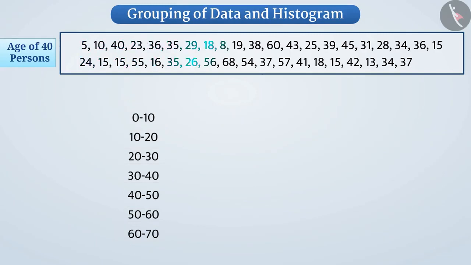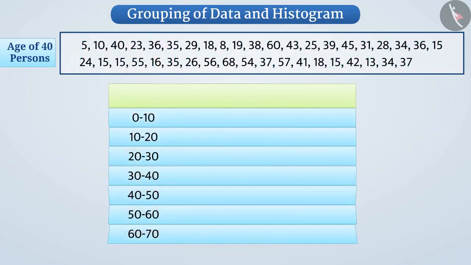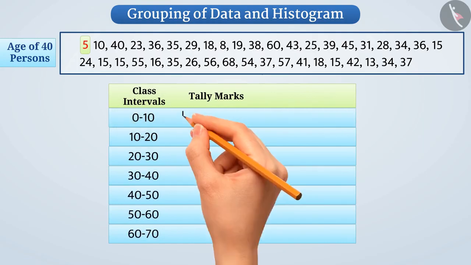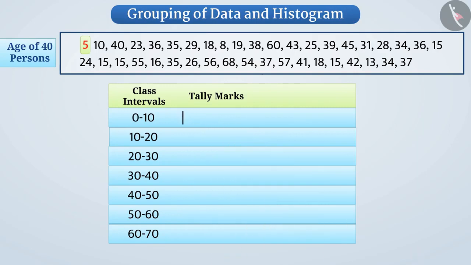Now we will represent the numbers in the table in the form of tally marks. Here the observation 5 is included in the class interval 0 to 10. So we will represent it in the table by making a tally mark in the row 0 to 10. Now let's talk about observation 10. We see that 10 is included in class interval 0 to 10 as well as 10 to 20.